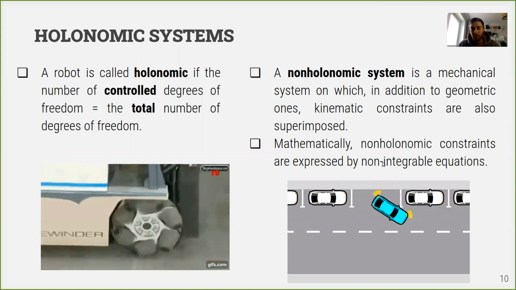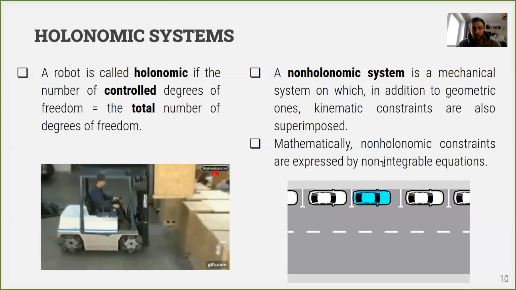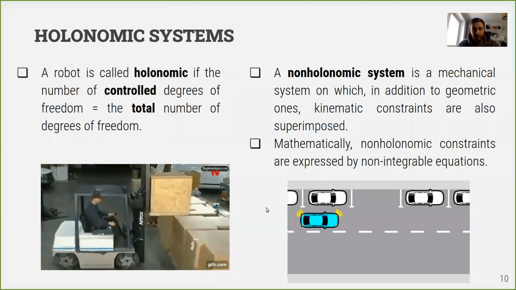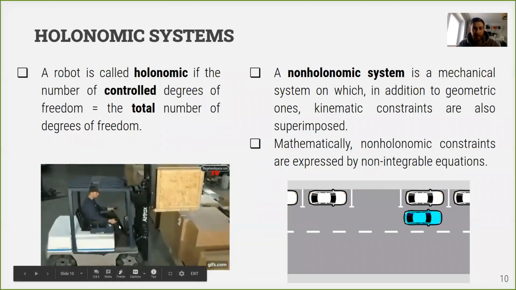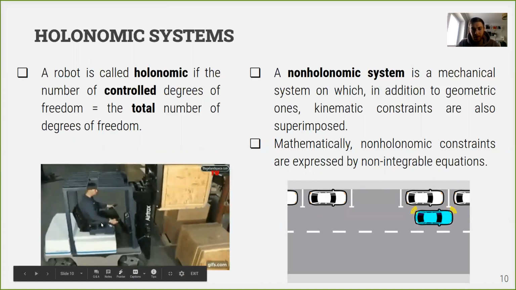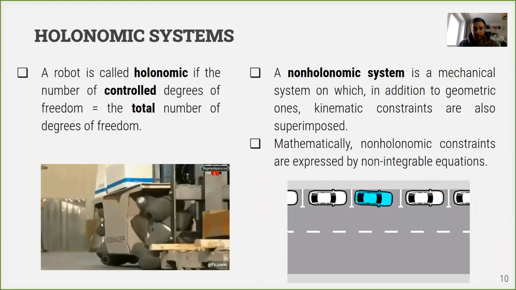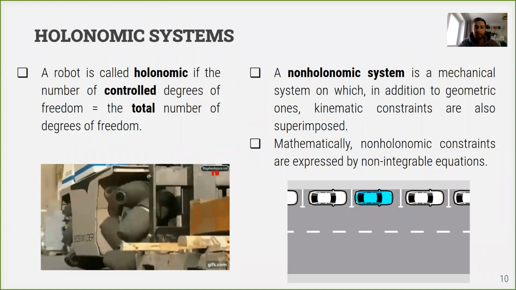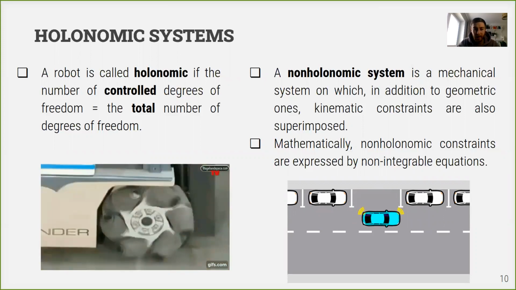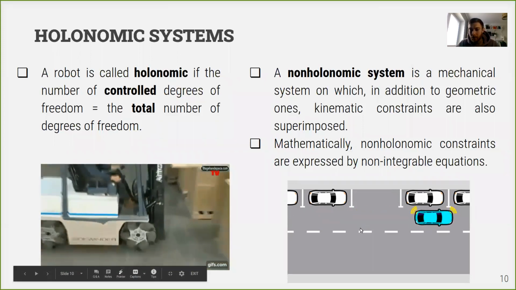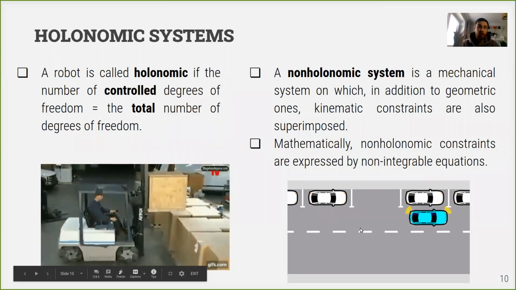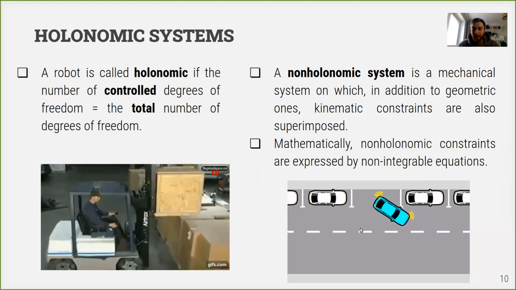This sounds a bit complex, and we will not go into the details, but on the slide, there are two types of system. On the left side, there is a holonomic system, and you can see that it can move in any direction, like sideways. It can change its orientation in place. And on the right side, you can see a typical car, which is a non-holonomic system, because a car cannot move sideways.